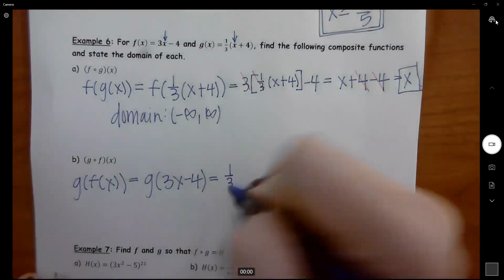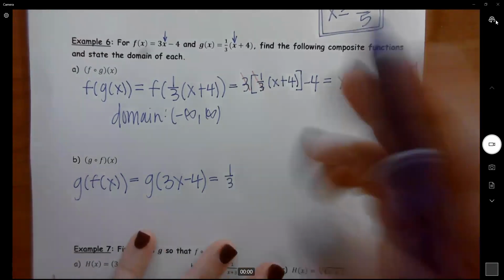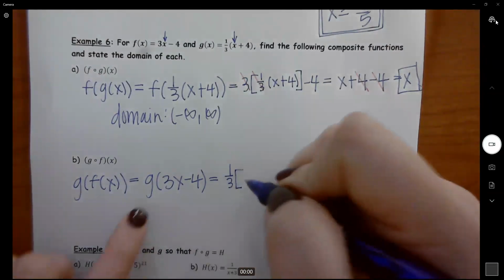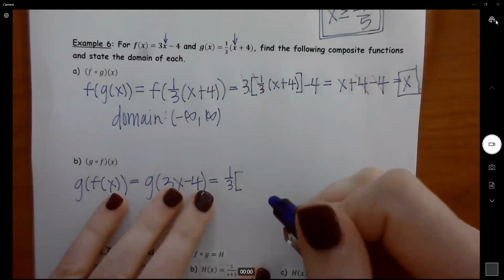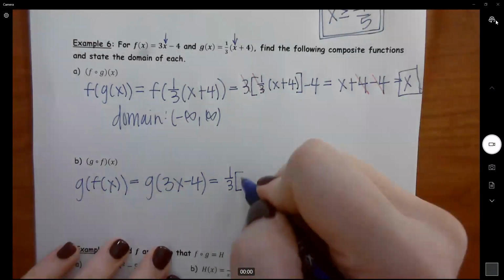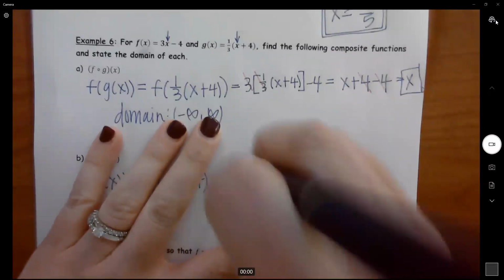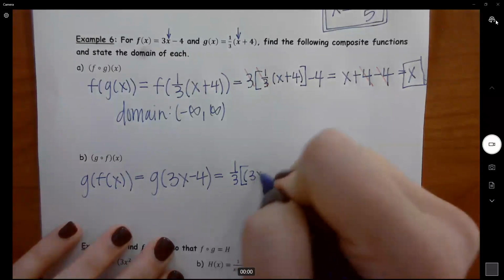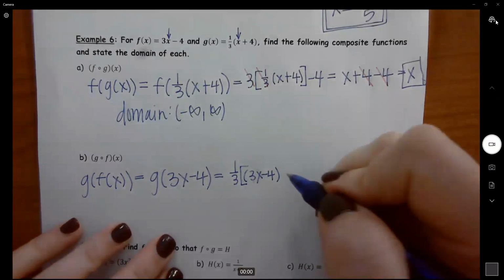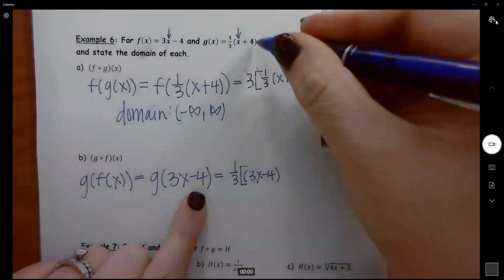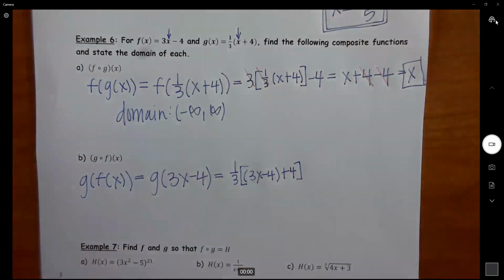So take your g of x and everywhere you see an x right here, replace it with 3x minus 4. So we have 1/3, and I'm going to put this in brackets, 3x minus 4, and then plus 4, like so.